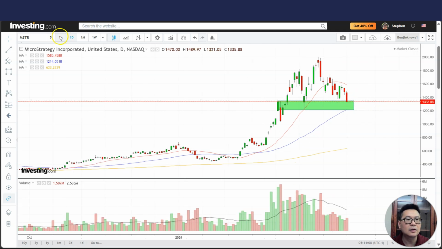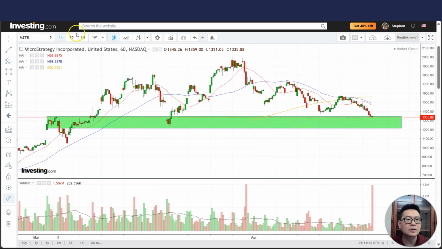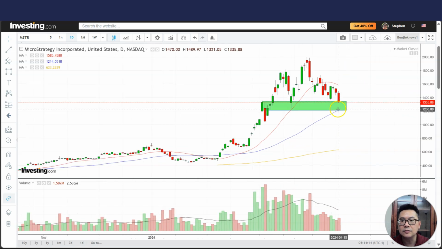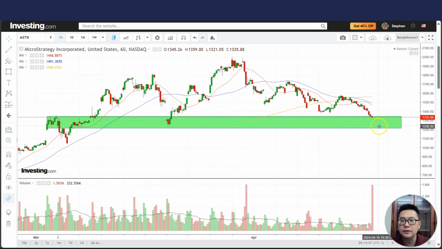If the support can hold, then you will find support at the daily 50 MA. If not, you can see it go right down to 900 over. So this is a very important area for you to look at, and this support must hold. If it does not hold, you can see lower prices.